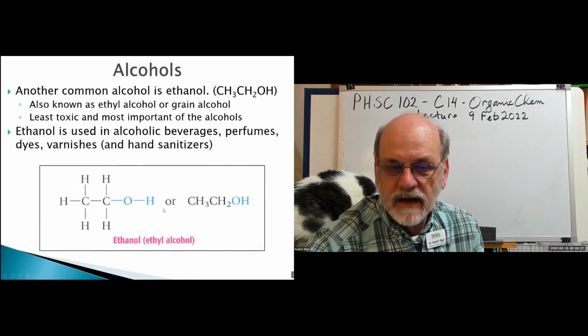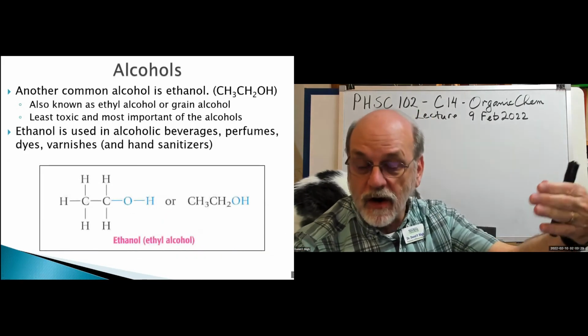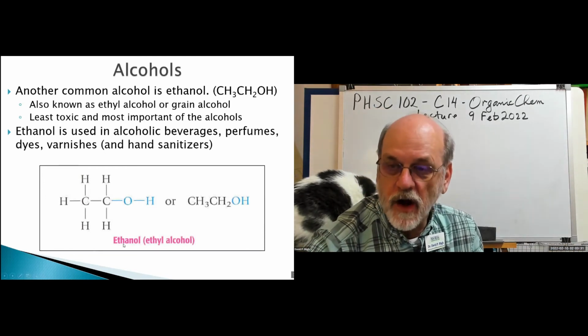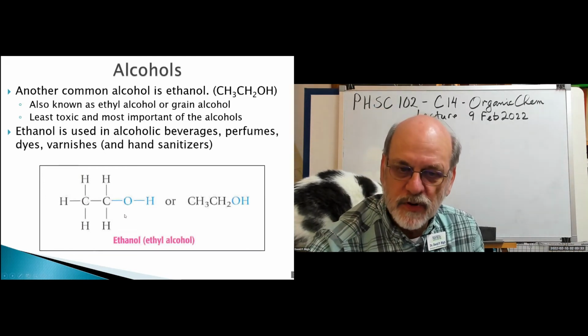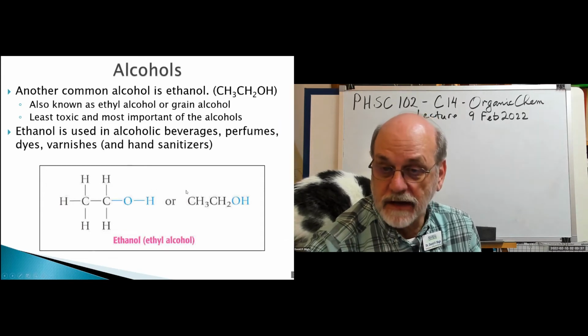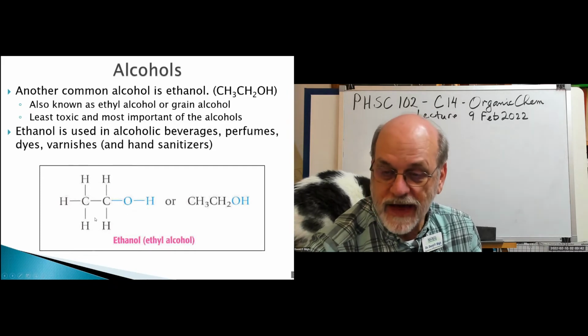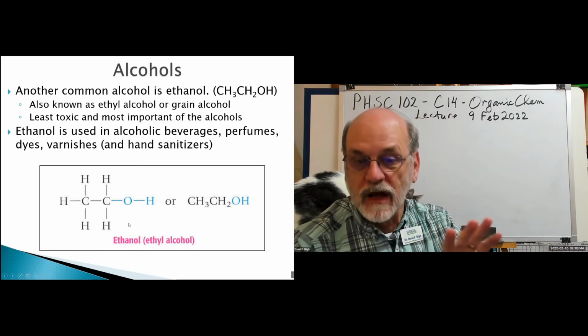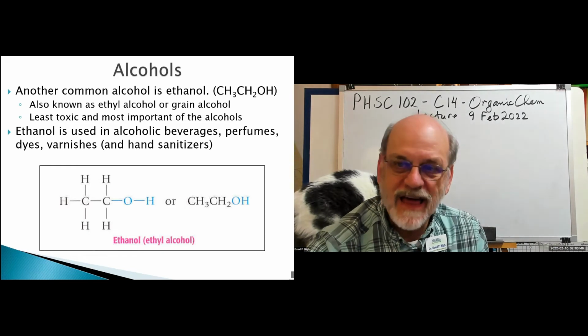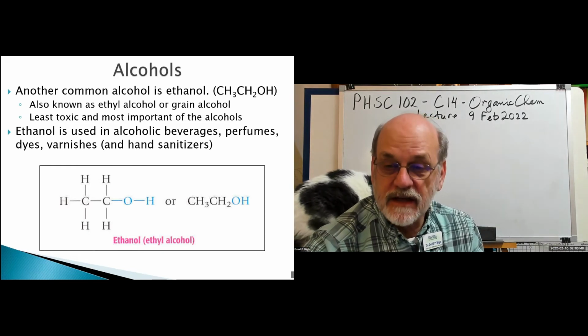Okay, this is the next alcohol up the chain, starting off with ethane. When we put an OH on the end of ethane, it doesn't matter which side, right? There are no structural isomers here. This OH either goes on that one or that one, and it doesn't matter. It's the same molecule. This is ethanol. This is drinkable.